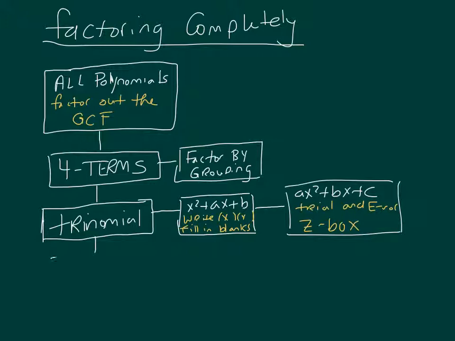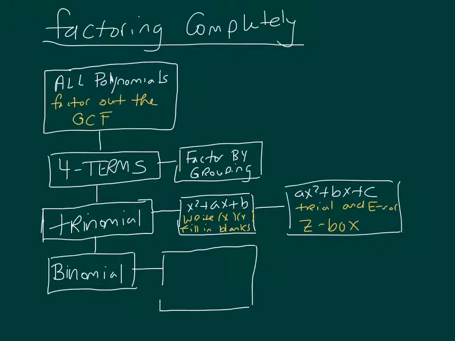If I don't have a trinomial, I'm going to ask myself, do I have a binomial? If I have a binomial, I'm going to check to see if it's a difference of squares. And if it is, then I'm going to use the formula a squared minus b squared is equal to a plus b times a minus b.